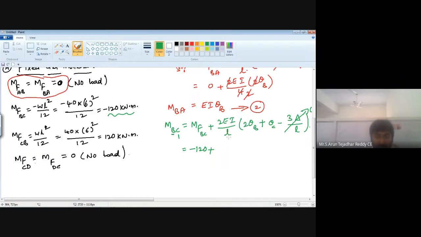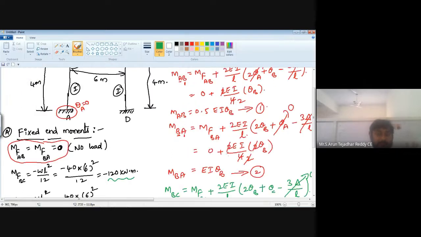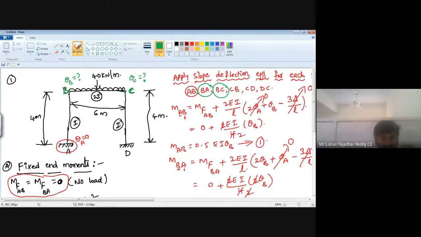Don't confuse here. First of all, write 2EI and coming to the BC span, see, in the BC span, given moment of inertia is 2I.